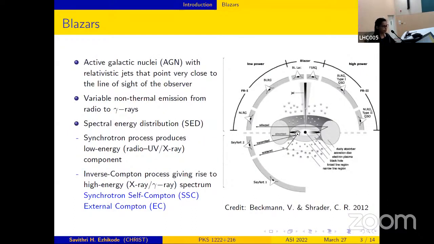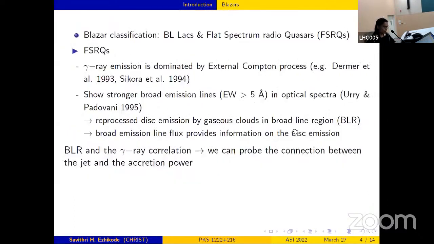So in that case, the broad emission line flux provides us indirect information on the disk emission. Through any variability in the BLR emission, we can track the variations in the thermal emission from the disk.